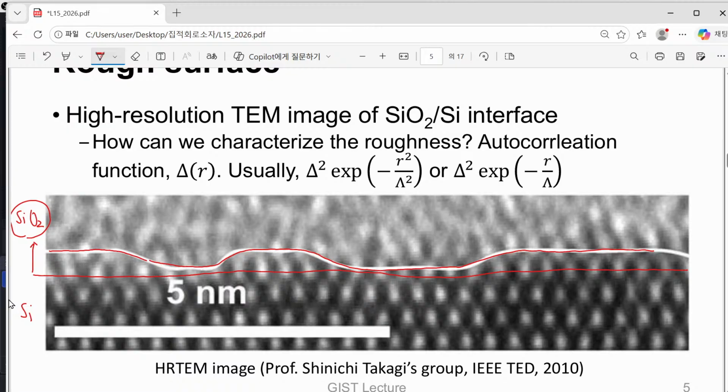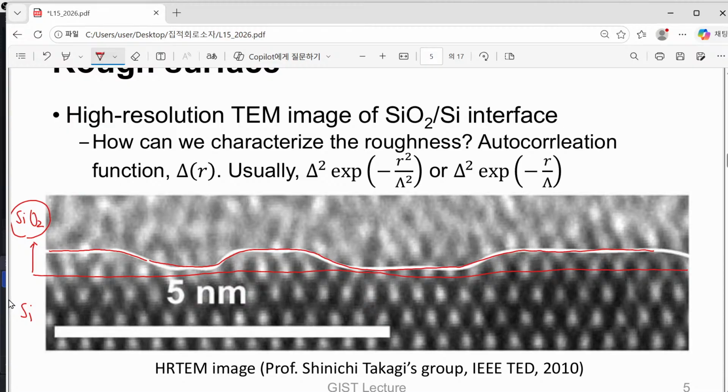So although we have thought that there is silicon, and on top of it we can introduce a very high quality and very thin silicon dioxide layer, in reality its surface is not perfectly flat in the atomistic case.